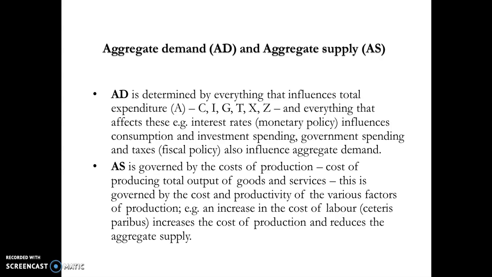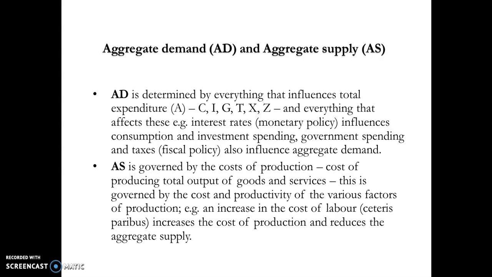So what affects your aggregate supply curve? Now your aggregate supply curve is governed by the cost of production, the cost of producing a total output of goods and services. So here we need to think about the prices of the inputs that go into producing a particular output. So your factors of production, such as labor, for instance, has a price that is the wage rate.